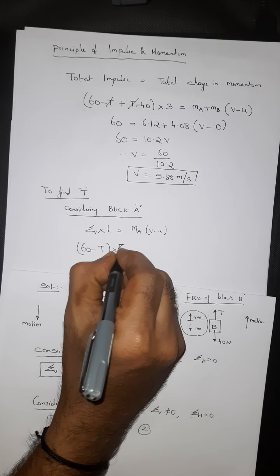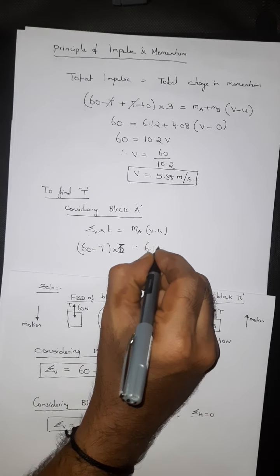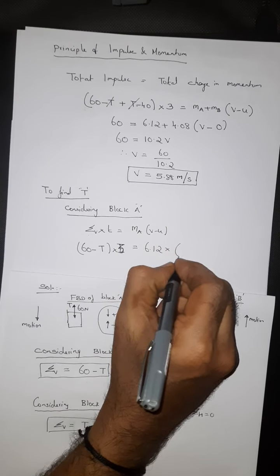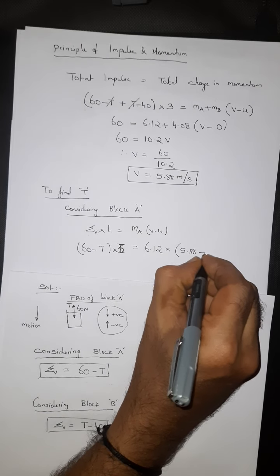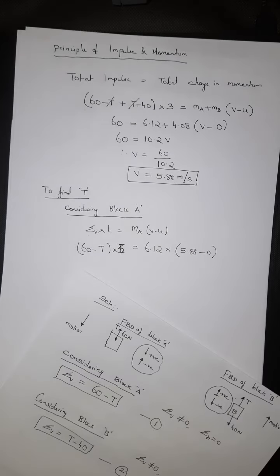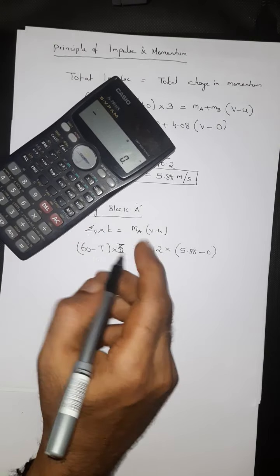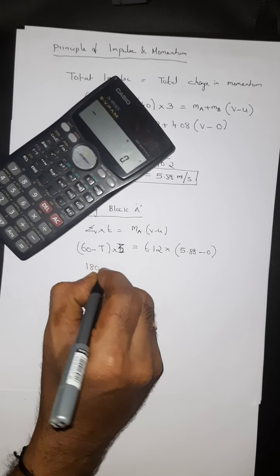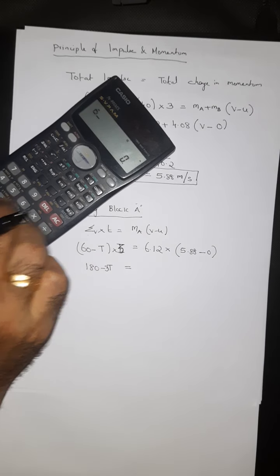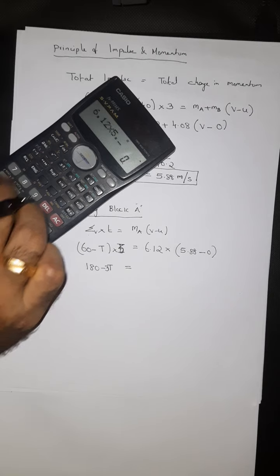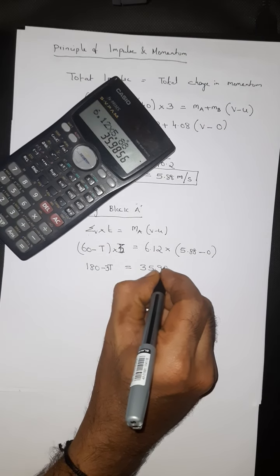So 3 equal to MA is 6.12 kg into V, 5.88, that is the final velocity. Initial velocity is 0. 60 into 3, which is 180, minus 3T equal to 6.12 into 5.88, 35.99.